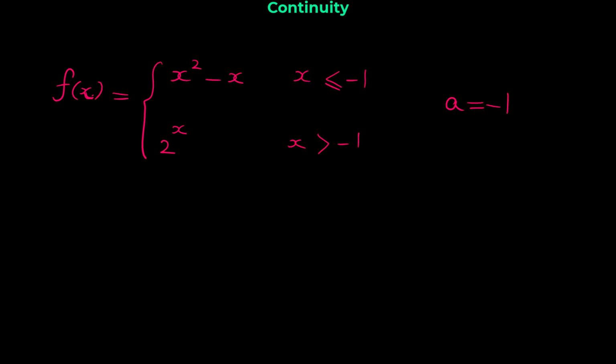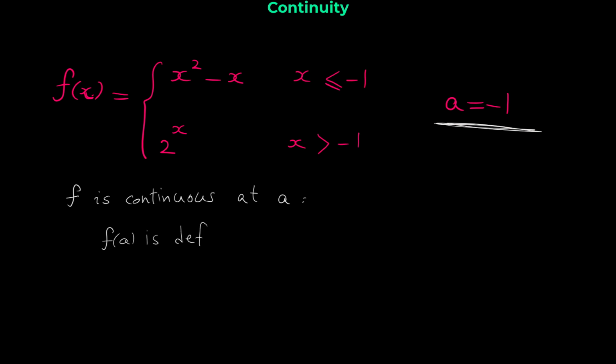Before doing this example, let me remind you the definition of continuity of a function. Let's say we have function f. f is continuous at a; in this example, a is -1. f is continuous at number a if the following three conditions hold. First, f(a) is defined.